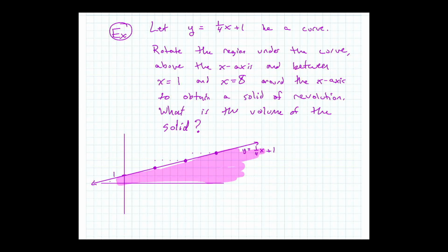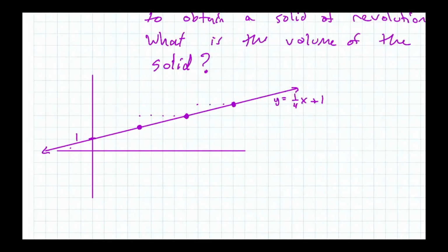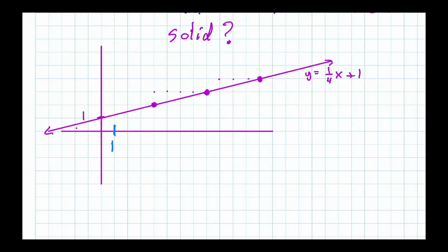But then they say between x equals 1 and x equals 8. Well, that's not what I graphed here, so where is x equals 1 and x equals 8? This is 1, and then we got 2, 3, 4, 5, 6, 7, 8, right?